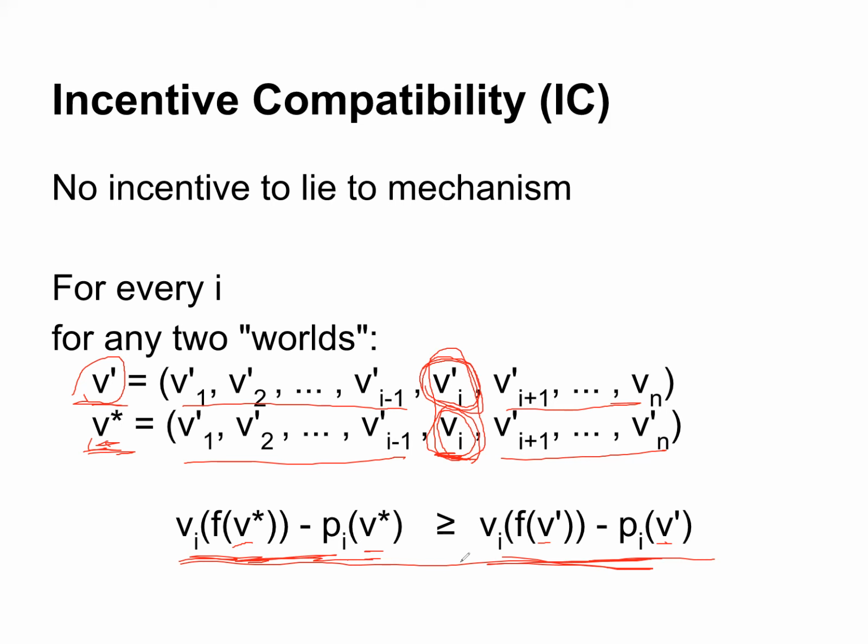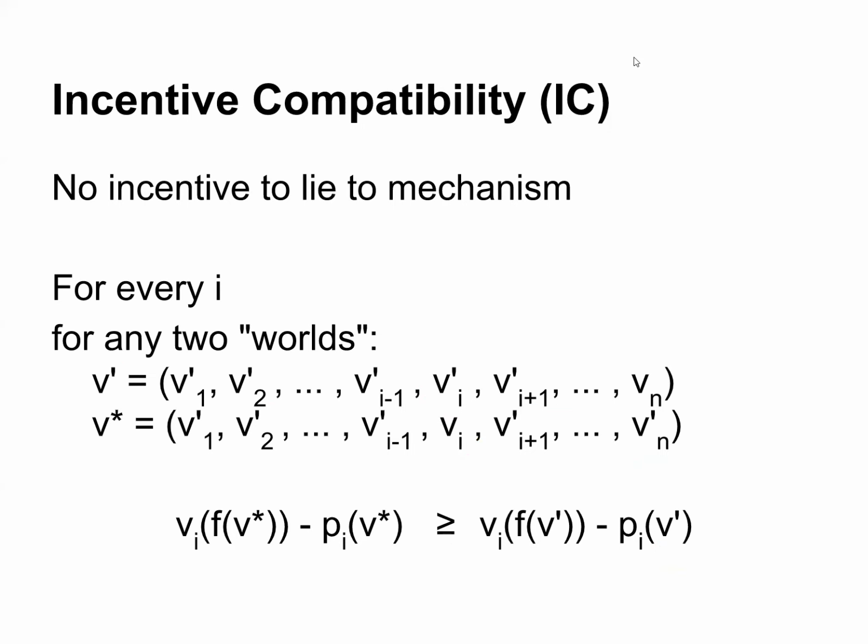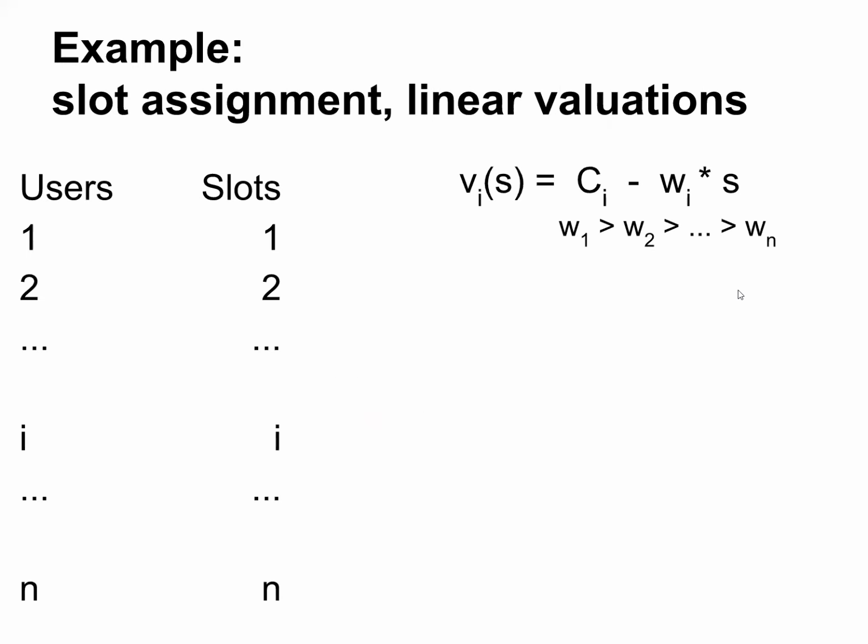If you don't lie, your happiness is at least as large as if you lie, no matter how you lie. So that's the incentive compatibility. Very strong condition. No matter what the user says, if the user doesn't say the truth, then the utility goes down or stays the same. But you can never gain, you can never have the incentive to lie by misrepresenting your preferences.